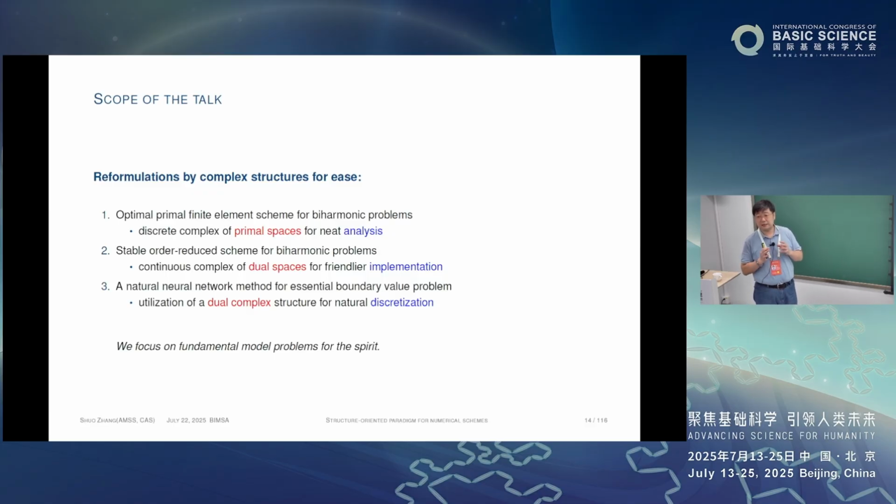I mean, the structure of complex can be used as a tool of theoretical analysis. And also, I show how the complex can be used so that a scheme can be friendly implemented. And also, I will introduce the dual complex, and show how to use the dual complex structure for natural discretization.